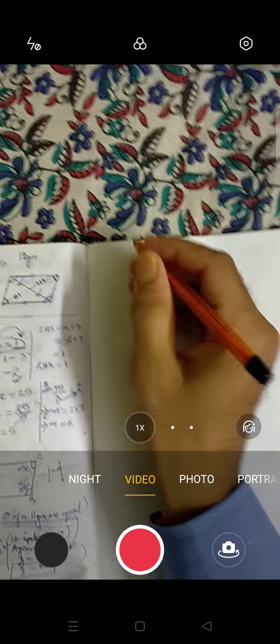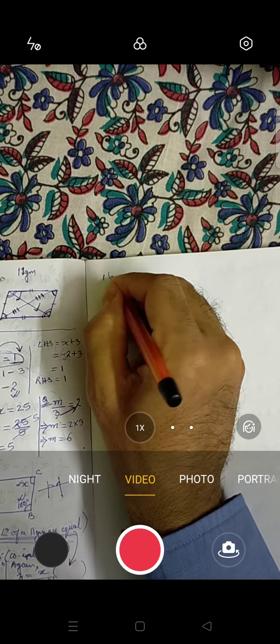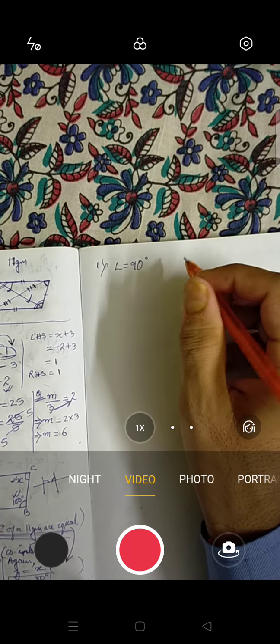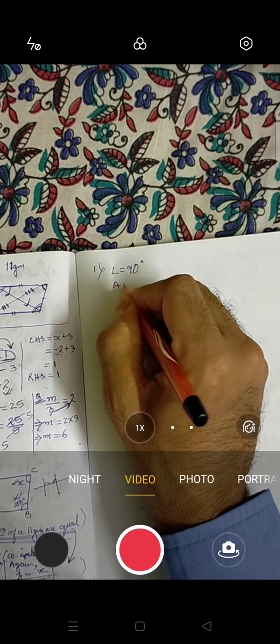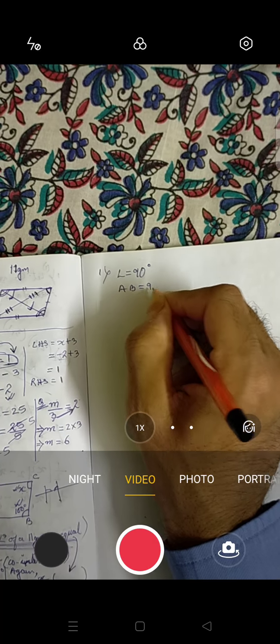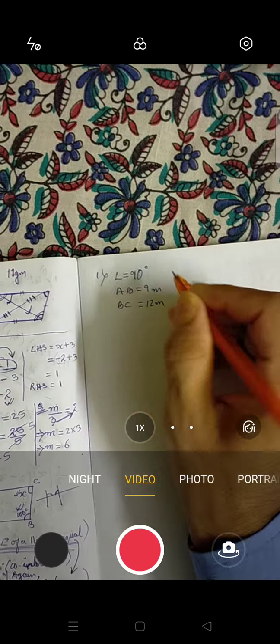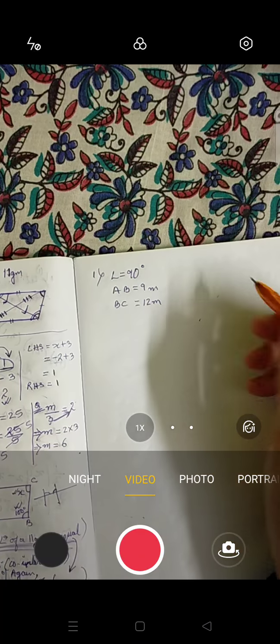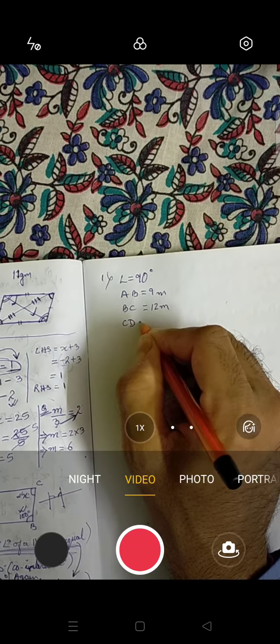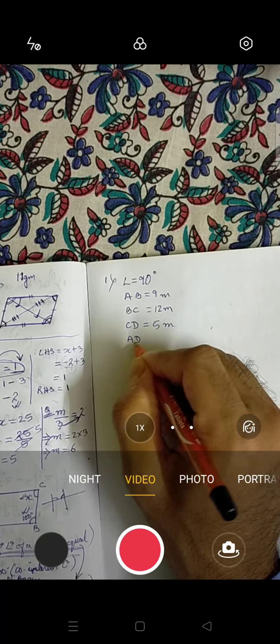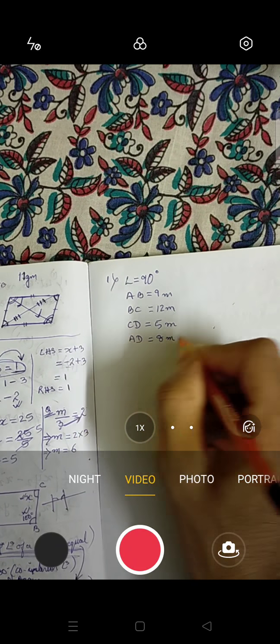Okay. So question number 1, exercise 12.2. Angle C has been given as 90 degrees. Then AB equals 9 meters, BC is equal to 12 meters, CD equals 5 meters, and AD equals 8 meters.